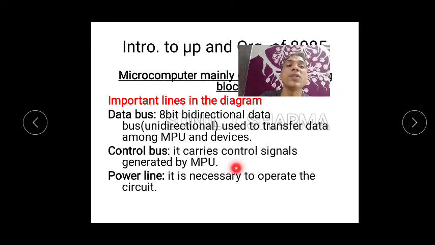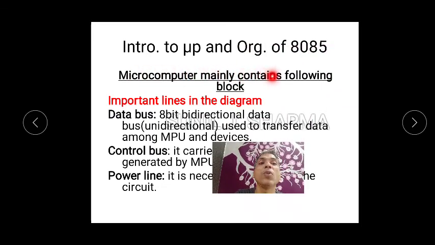So it is necessary to operate the circuit. So I hope you understood the topic, microcomputer. Okay, block diagram of microcomputer. It's not about 8085 specifically, mostly any microcomputer's block diagram. Okay, I hope you understood, and I think we will meet in the next session. Thank you.